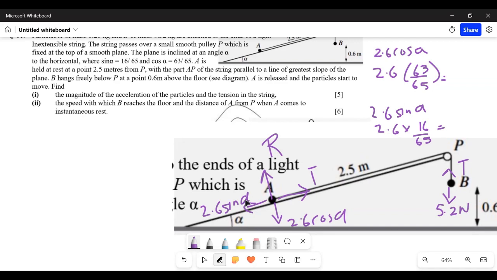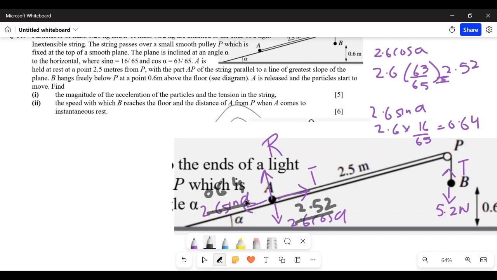The first one is 2.52 and the other one is 0.64. So I'm going to write that here. This is 2.52 in total, and this is 0.64.